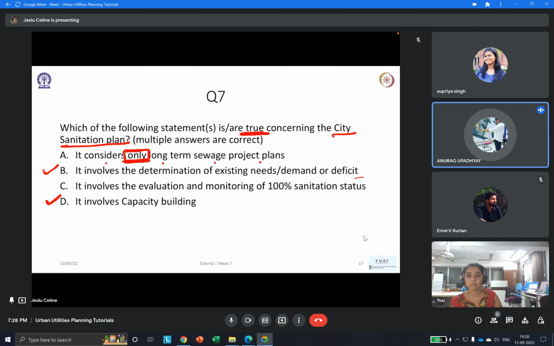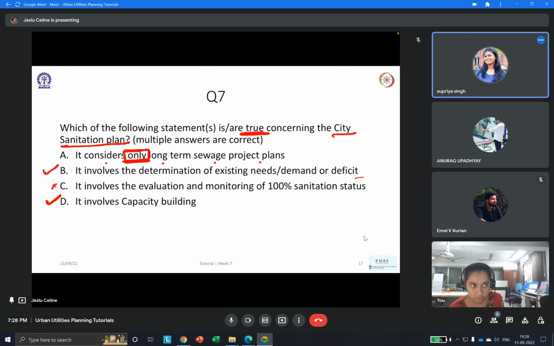Basically, we are more focused toward the demand and deficit. What is our supply capacity and what is the demand? We are looking more into that. Okay, so you're saying this is wrong, right? Fine. Supriya, do you want to add something? It's B and D only. Okay, you also feel it's B and D.